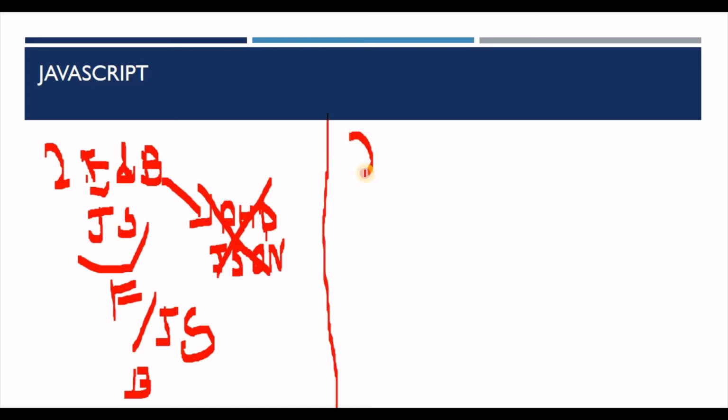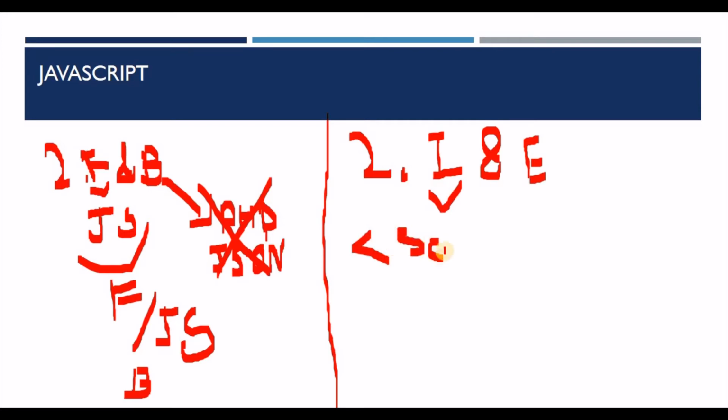You can write JavaScript in two places: one is internal JavaScript and one is external JavaScript. In internal JavaScript you use the script tag like this. If you're working in VS Code, you can just write script and press enter to get all of these.